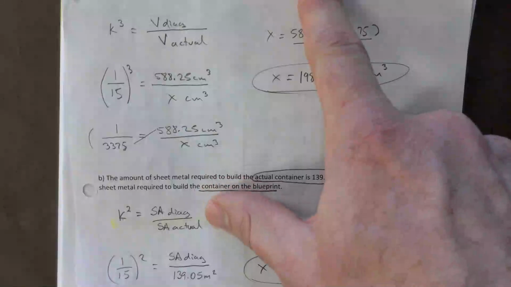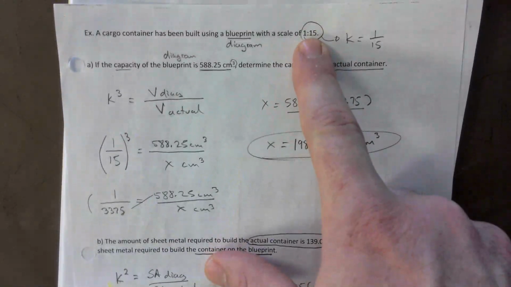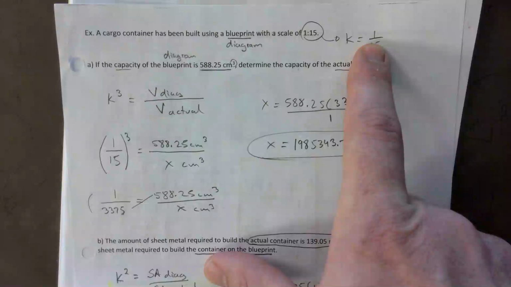If you have the scale factor, let me show you here, page 40. I'll show you here a cargo container, right? That's page 40. If you have the scale factor, it's given right there in this case.